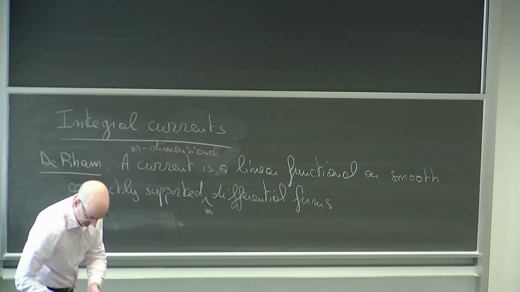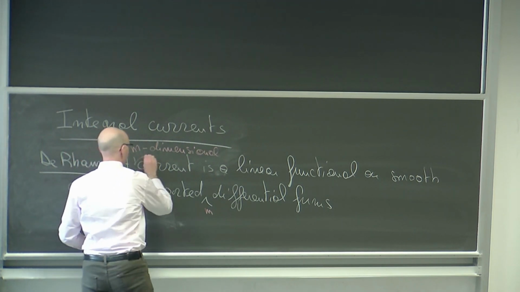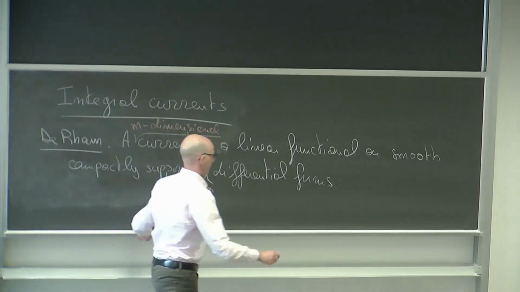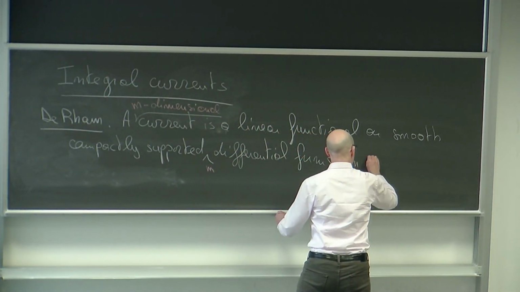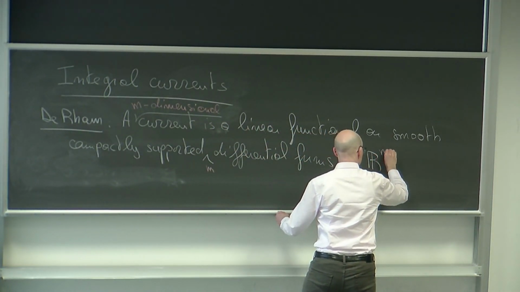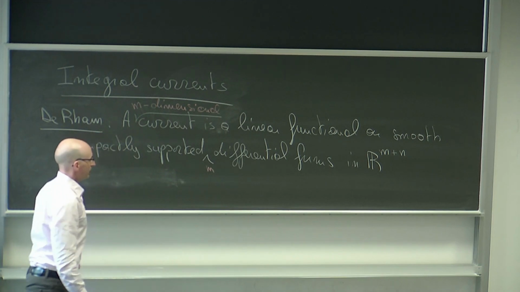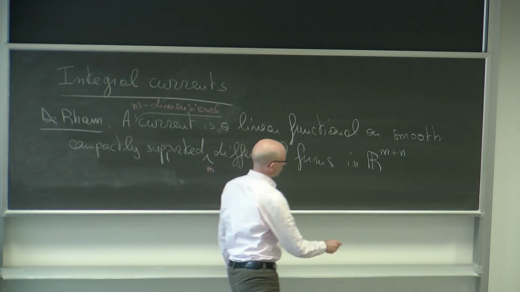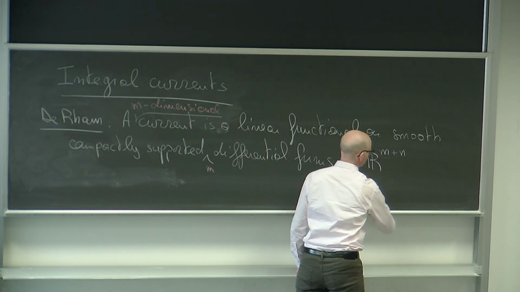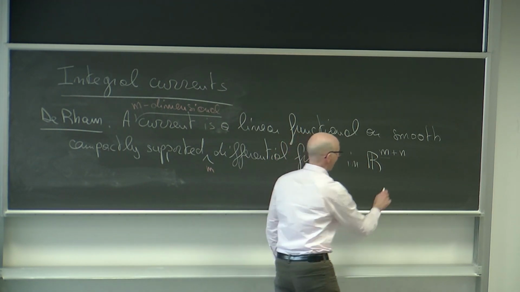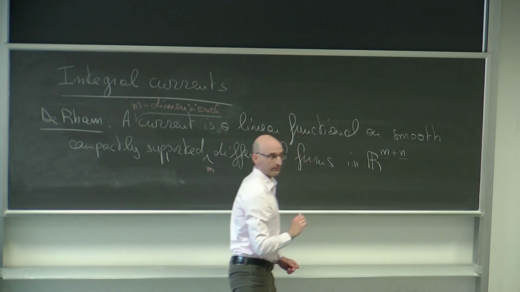And for the time being, let me just assume that we are in the Euclidean space. Okay, so in particular, I will try to stick to the notation that m is the dimension of the form and n is its codimension.